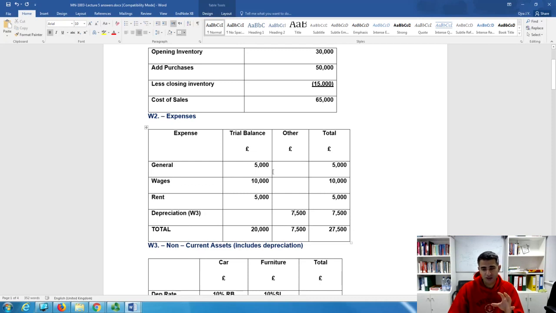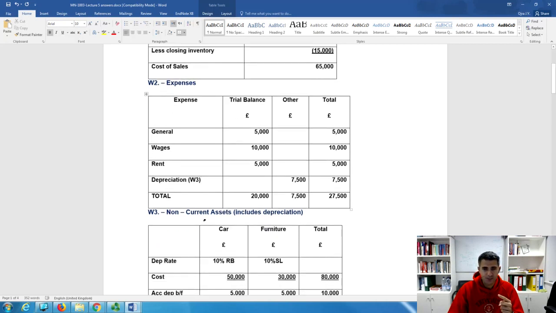You cannot complete this working unless you calculate depreciation. So in order to calculate depreciation, you need to do working 3. We'll jump to working 3 and then go back to working 2 to complete it, right?